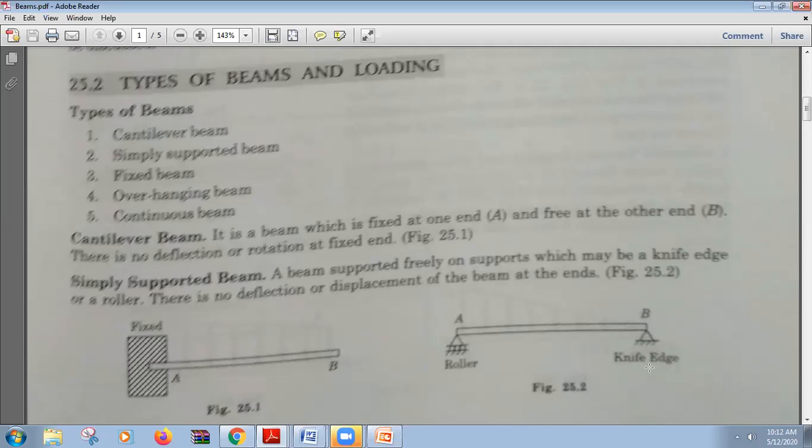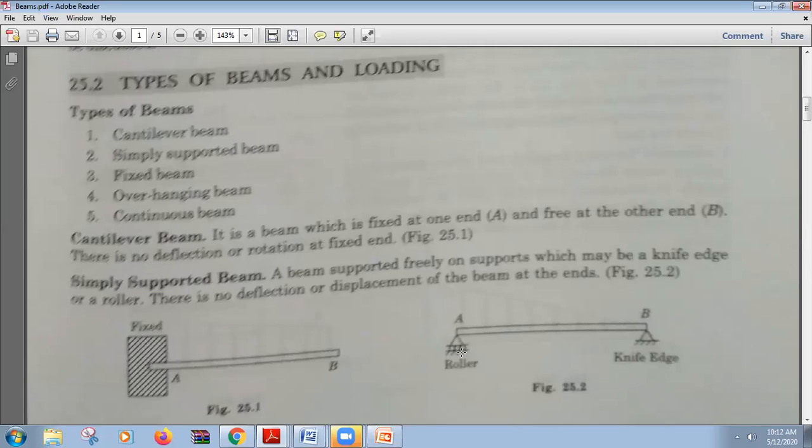So the reaction of the support is pinpointed and vertically upwards, whereas in the case of roller support, the reaction is inclined to the beam.